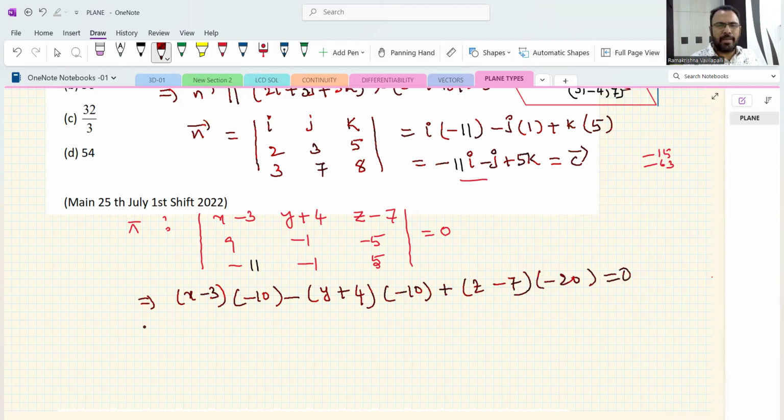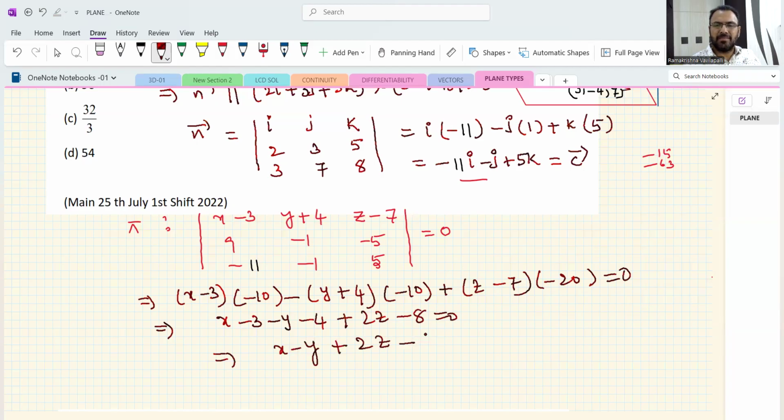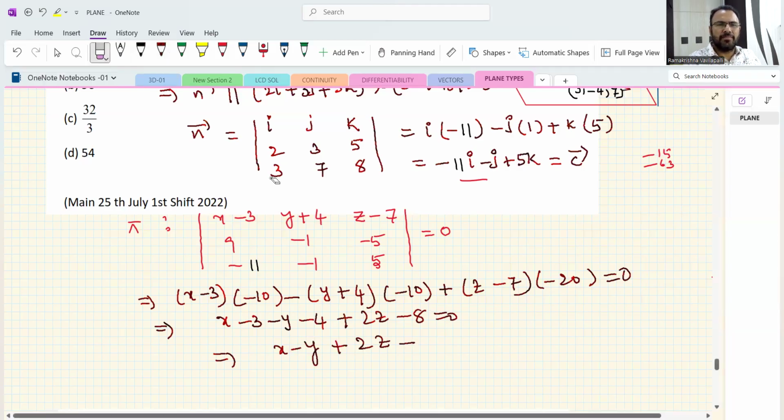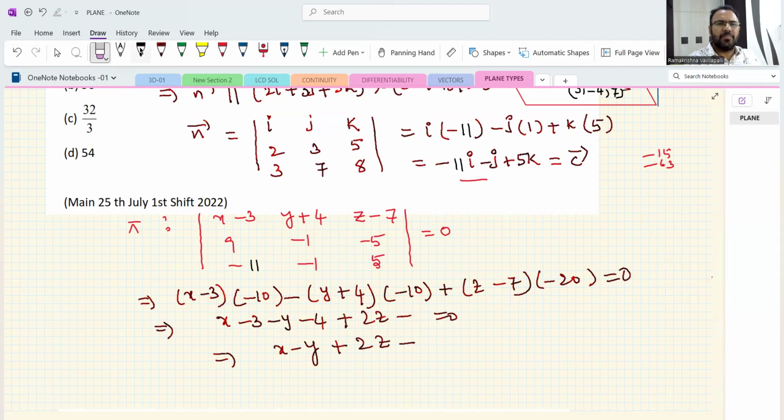You just cancel by minus 10. You will get x minus 3 minus y minus 4 and plus 2z minus 8 equal to 0. This implies x minus y plus 2z, and it is minus 14 minus 7, so you got minus 21 equal to 0.